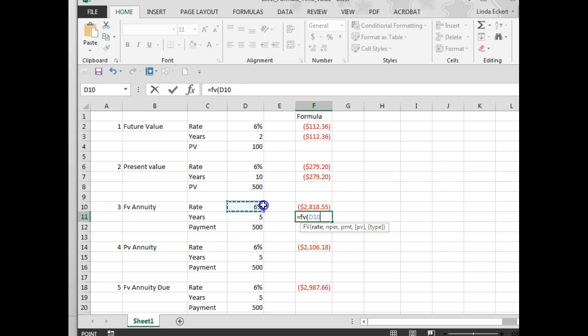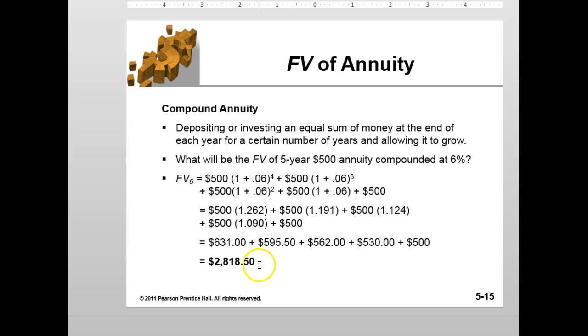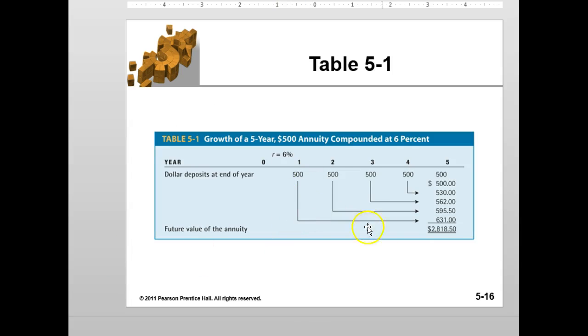Again, you're going to do the rate, comma, the years, comma, and now the payment, comma, and then it will calculate it very close to, there's always a little bit of difference in rounding, so this is 2818, and this is 2818.50. So using Excel speeds it up, but you can understand the mechanics of what it's doing here.